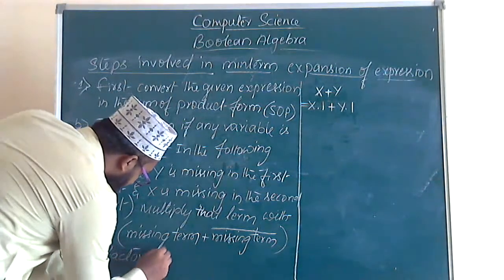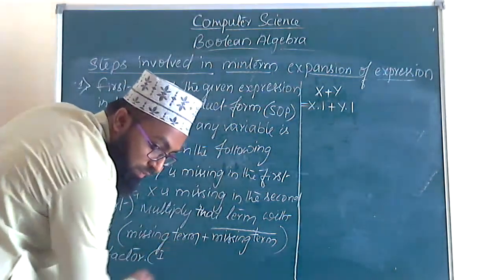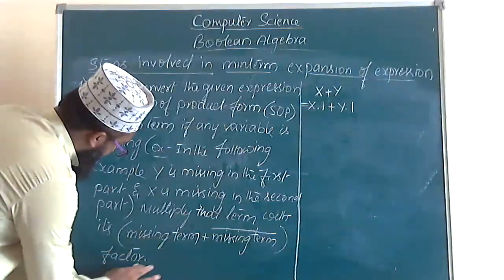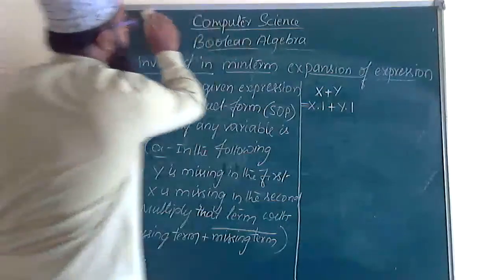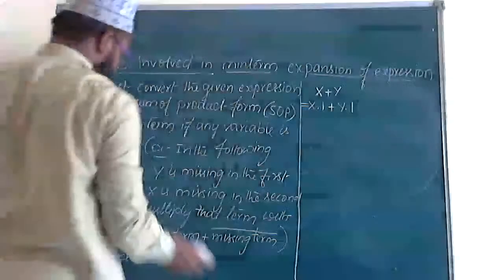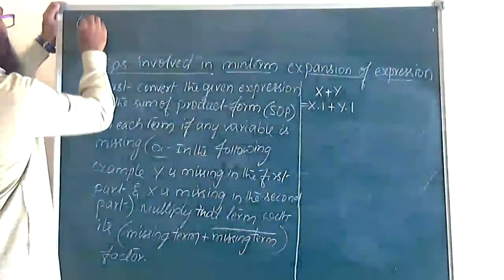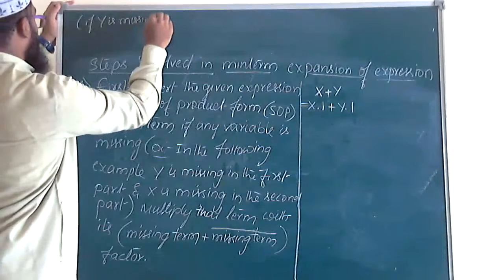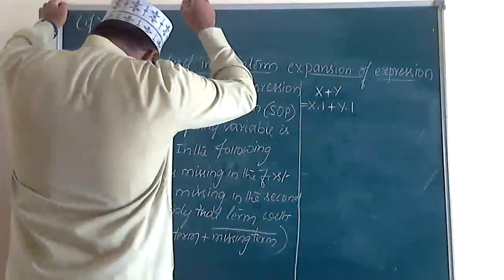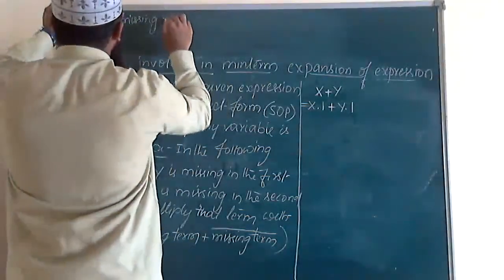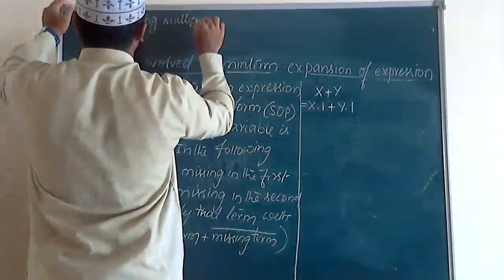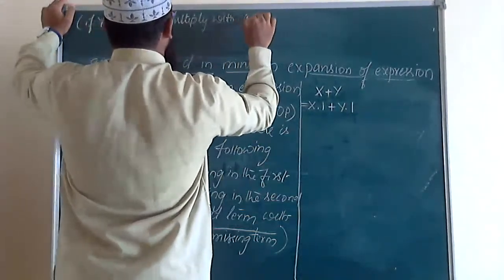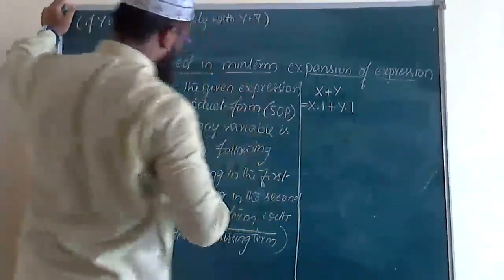It means if y is missing, multiply with y plus y bar.